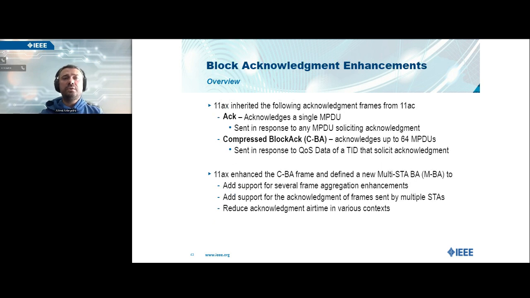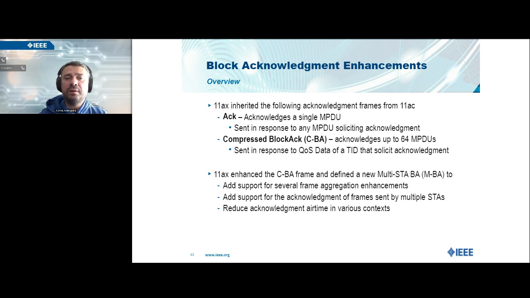So with that, we go to the block acknowledgement enhancements. As mentioned earlier, we inherited the ACK frame from legacy and the compressed block ACK. The ACK acknowledges a single MPDU, and the compressed block ACK acknowledges up to 64 MPDUs in the baseline. In 11ax, we took what we had and enhanced the compressed block ACK frame, and additionally defined a new multi-state block ACK frame to support all the frame aggregation enhancements that we discussed earlier, and also to support the acknowledgement of frames sent by multiple stations.